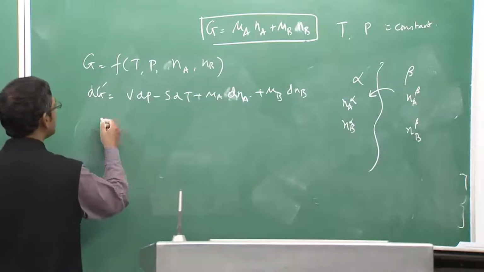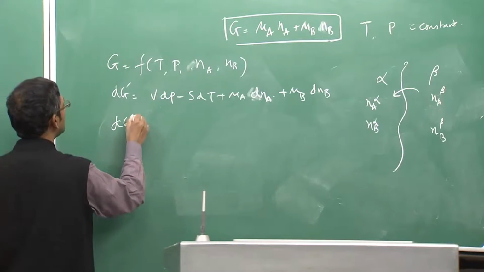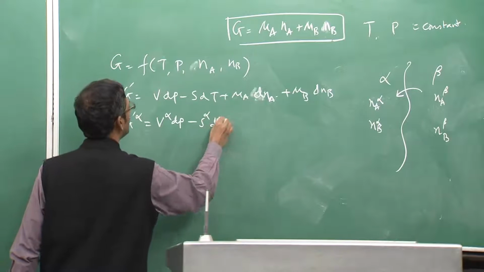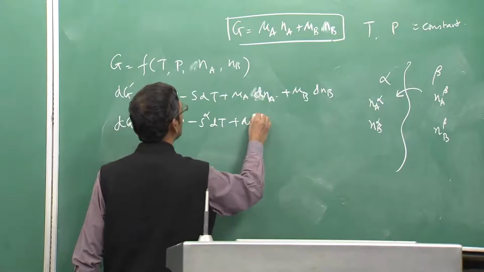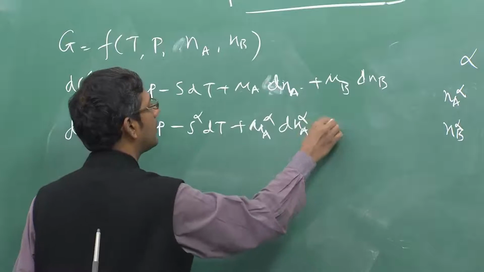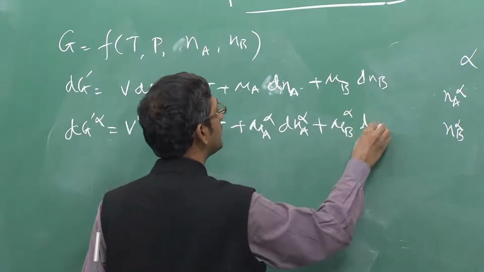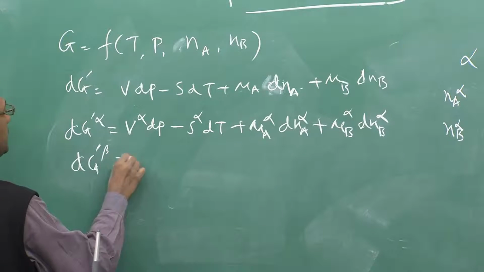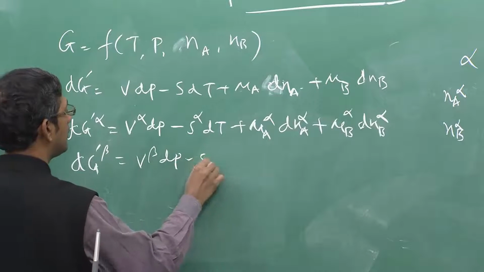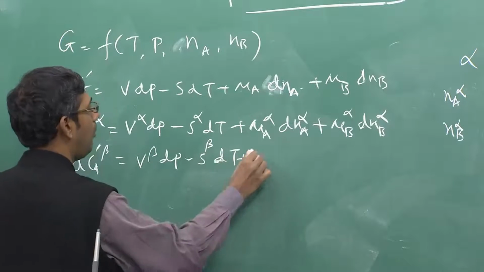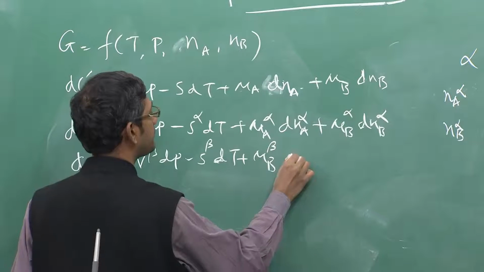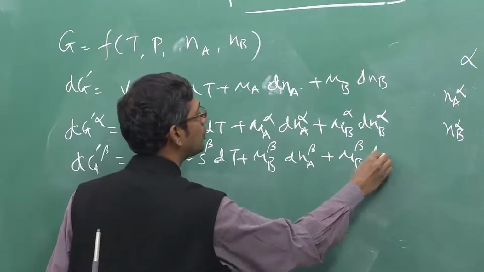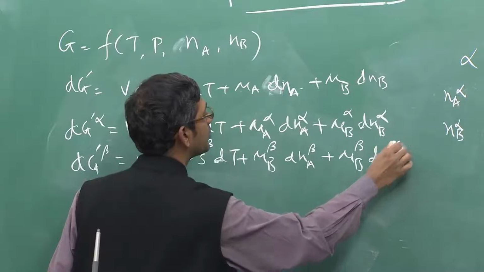So what is the change of G? Let us first write down the G expression for alpha. I have to put alpha superscript everywhere. Similarly for beta, you can close your eyes and write down only beta superscript.